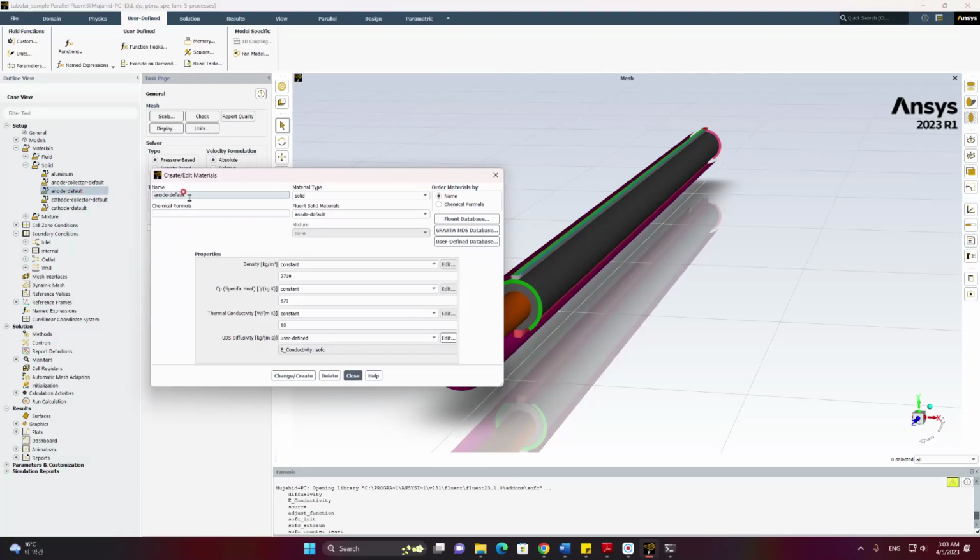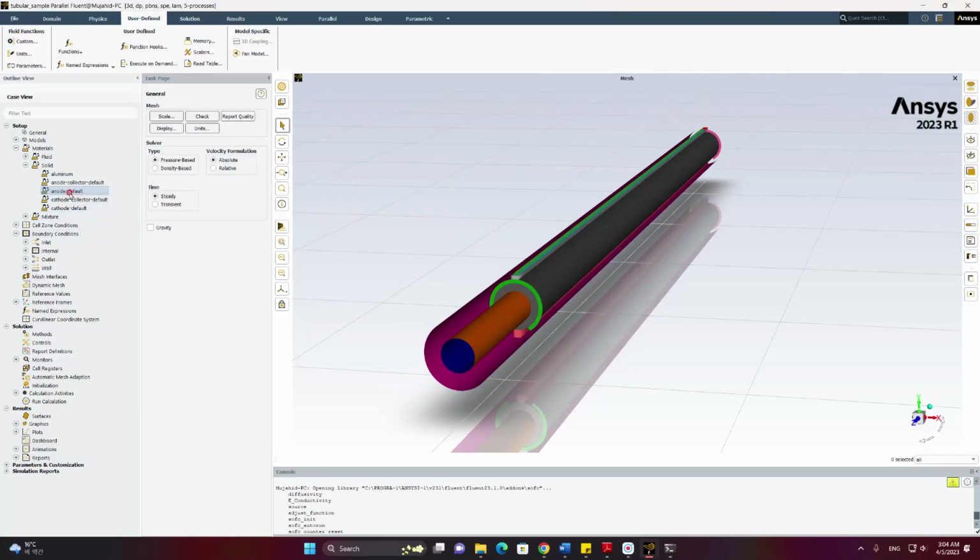So this is anode default solid, and we give the values that are given in the manual. And thermal conductivity 6.2. Create change, close. We defined the anode default material and now the cathode default material.